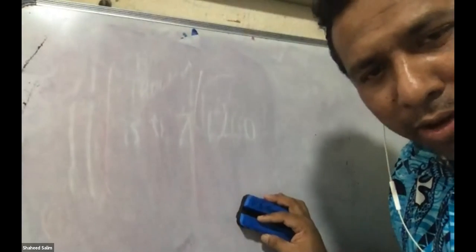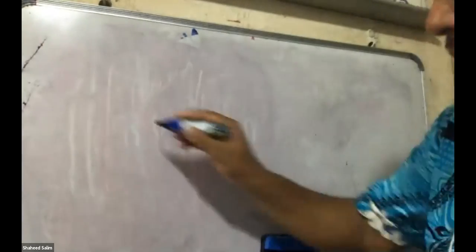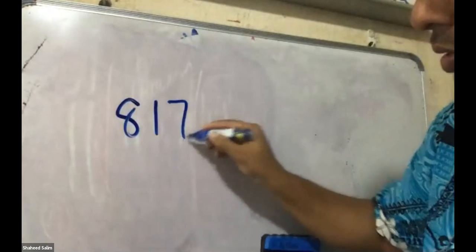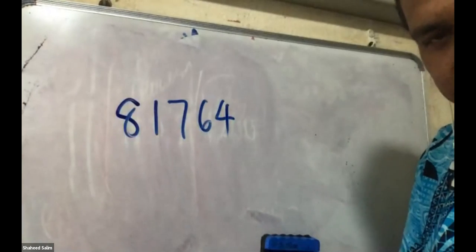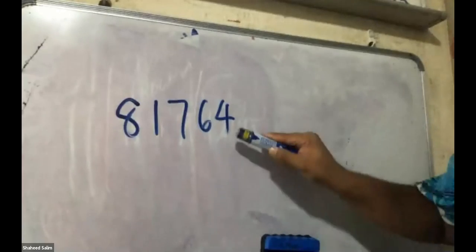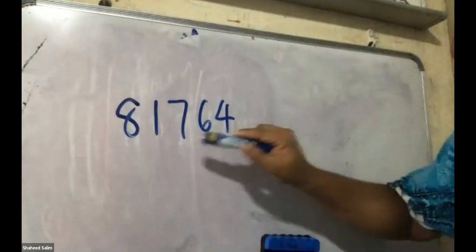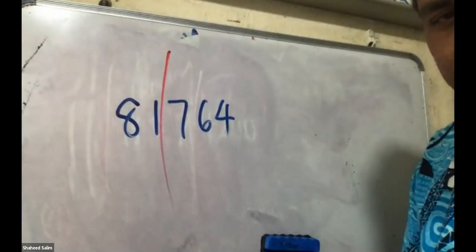Who is it now? Amara or Naomi? Hold on. I can't remember who. Okay, we try Amara first. The first three, you count from the three down here. 1, 2, 3. Cut it off. 764.